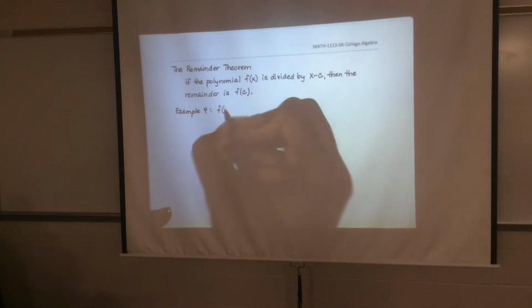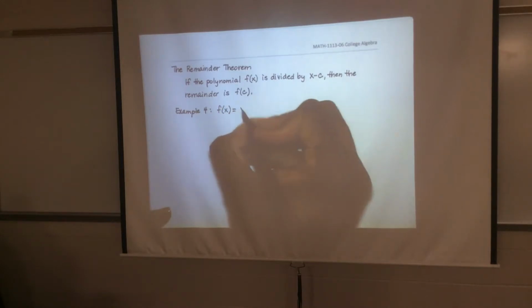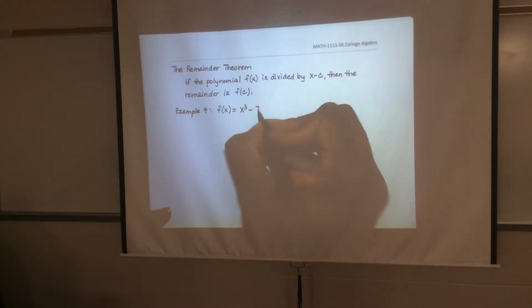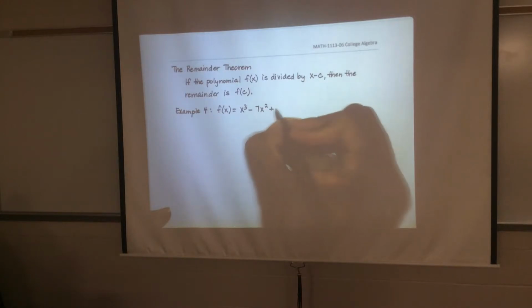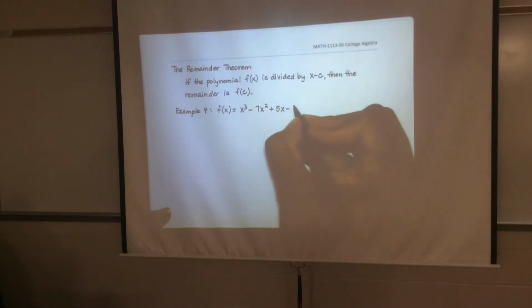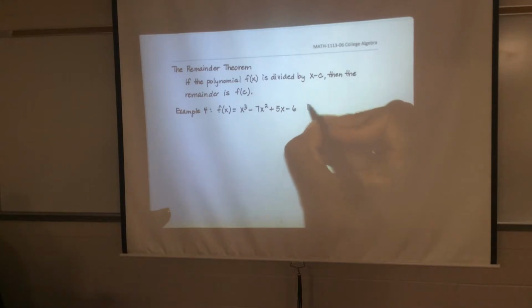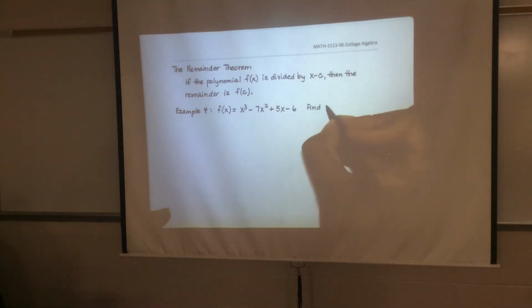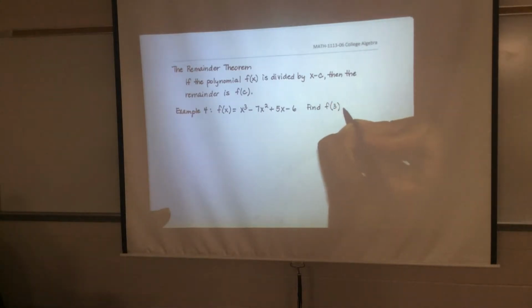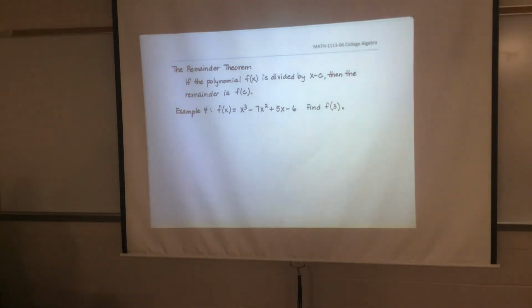Let's say you're given this function, f of x is equal to x cubed minus 7x squared plus 5x minus 6. We're going to use synthetic division and the remainder theorem to find f of 3. So here we're going to find the value of that function when x is equal to 3.